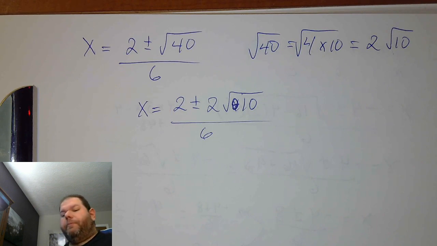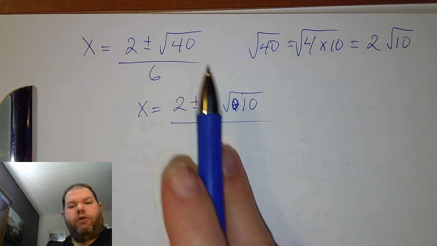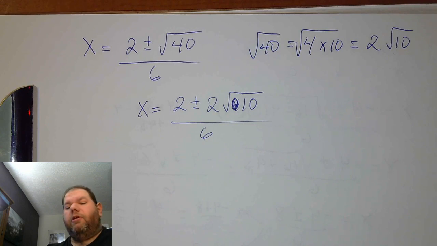Now, we can reduce this, but we have to be careful about how we reduce this. And this is where it's sometimes a little bit confusing as far as reducing these quadratic formula problems. Now, because we didn't get a whole number square root for the square root of 40, we won't have to worry about splitting this up. But we do want to simplify it.